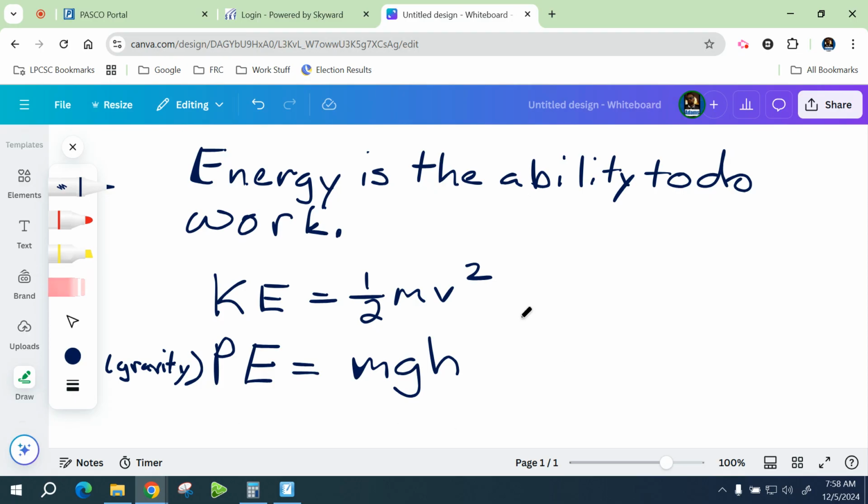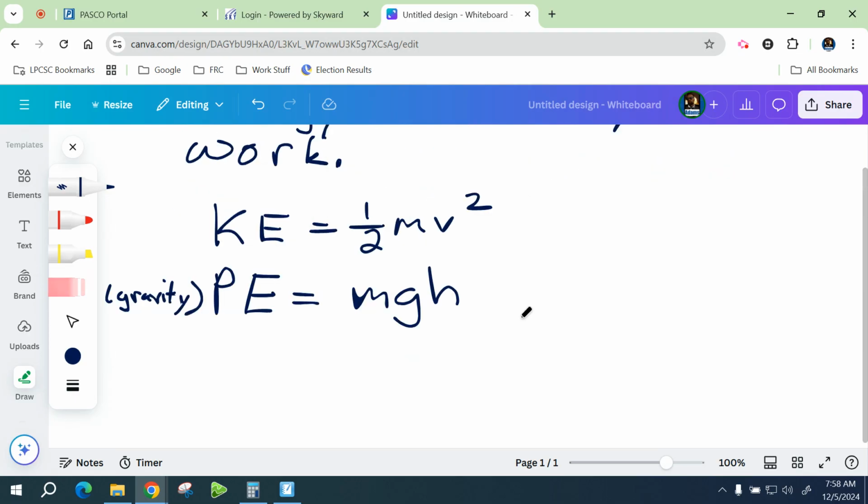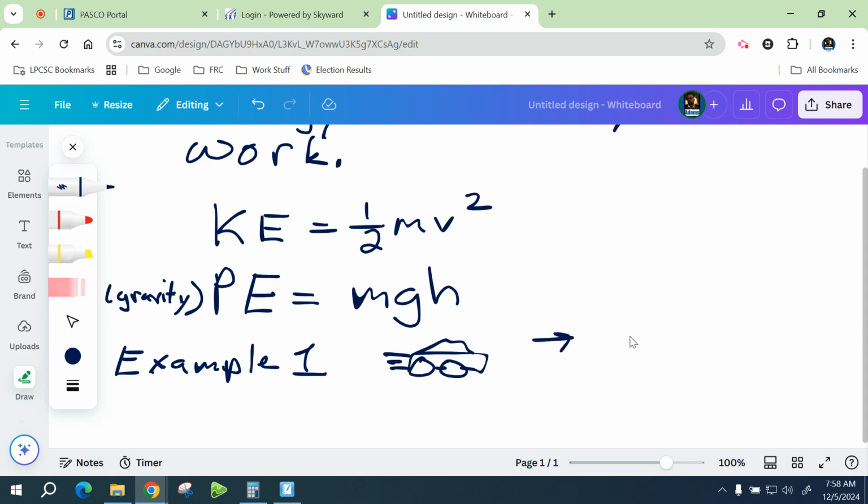And then let's do an example problem, one more example problem. Do you guys have that written down? So, let's say that I have a car, and it's going with a velocity of 20 meters per second, which is pretty darn fast.